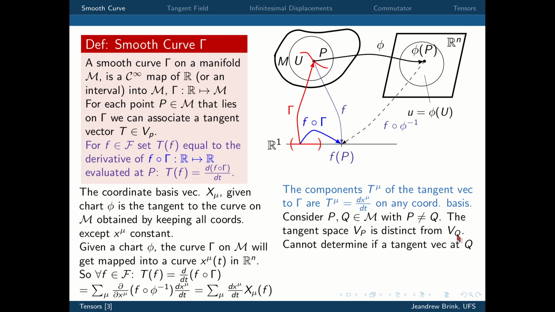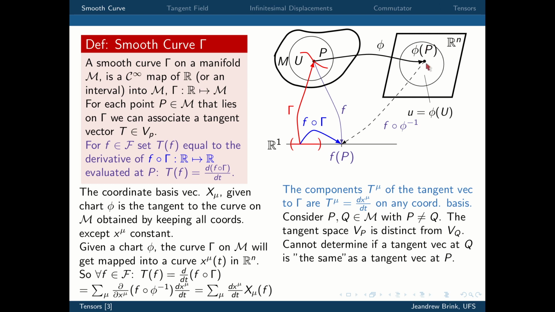And so the problem is we cannot determine if a tangent vector at Q is in some sense the same as a tangent vector at P. Okay, we haven't yet got the machinery to do that. We are going to develop it, but that's where it gets more subtle, right?